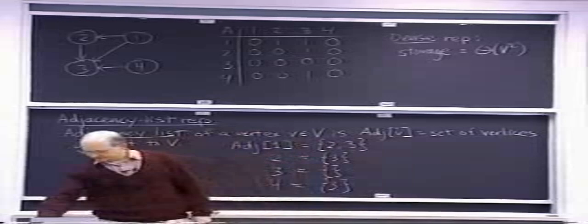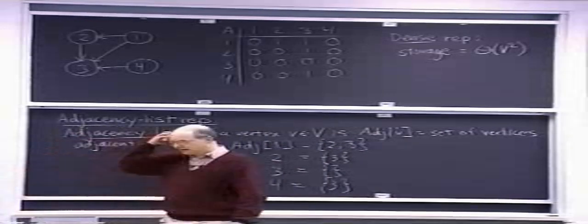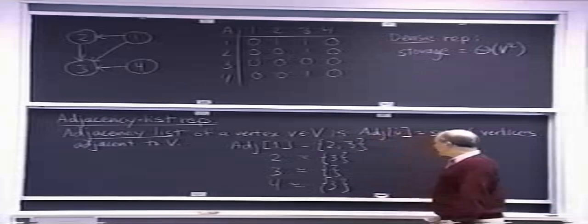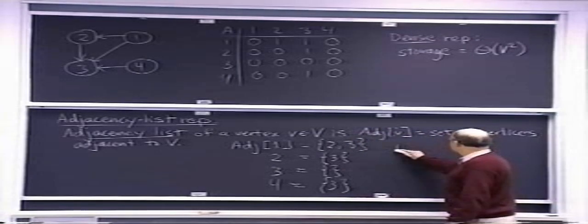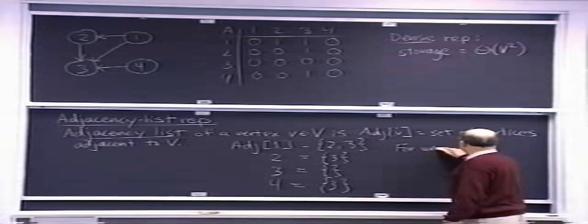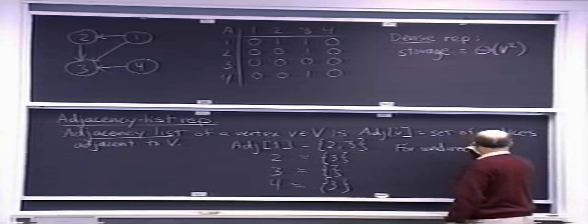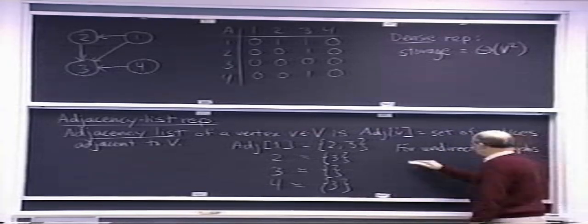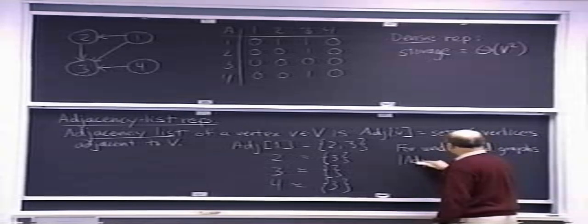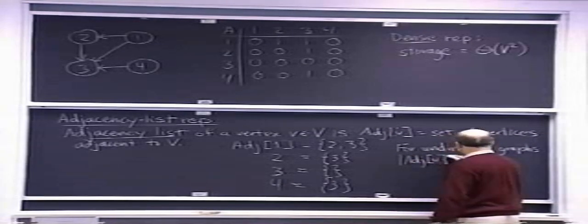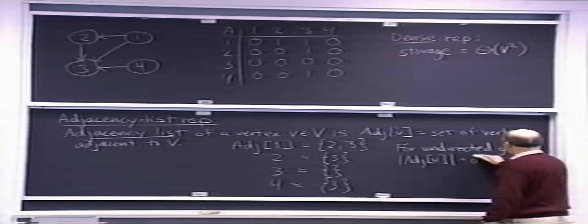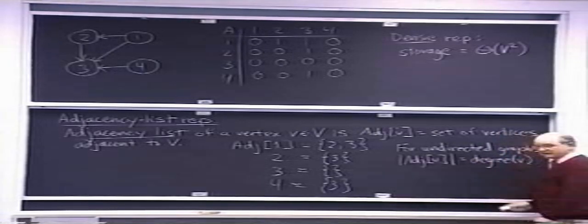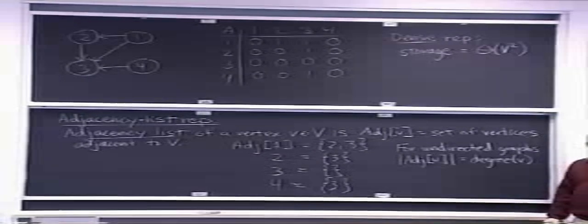Now, for undirected graphs, the size of the adjacency list of v is just equal to the degree of v. It's the number of elements that is adjacent.